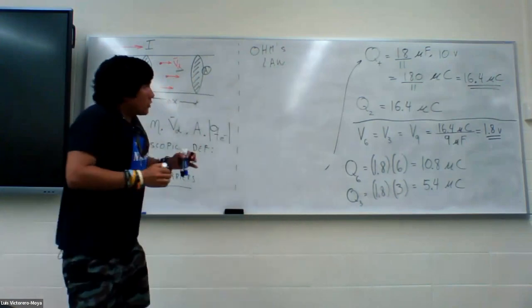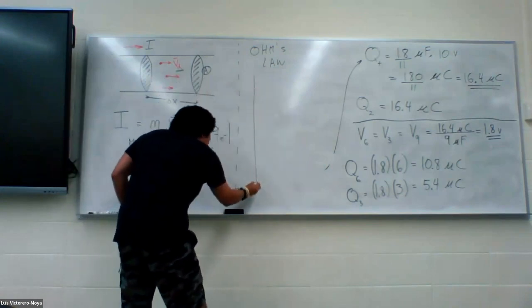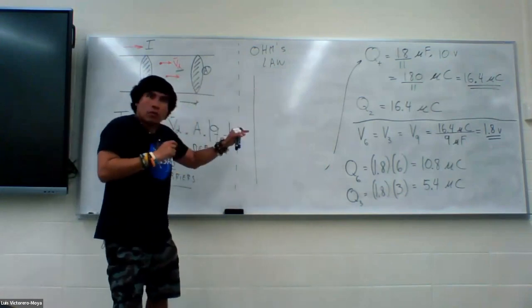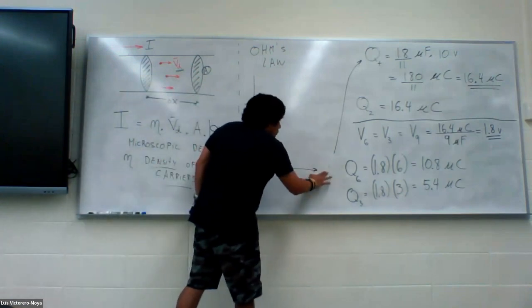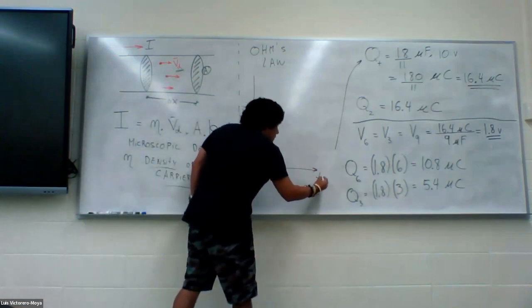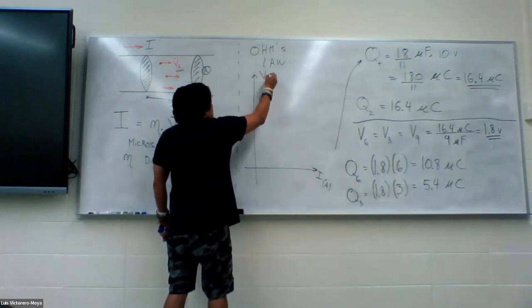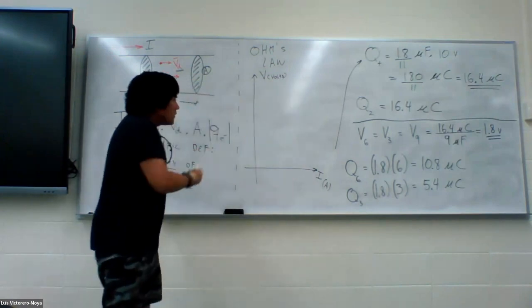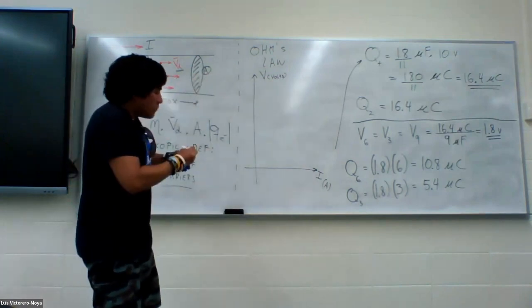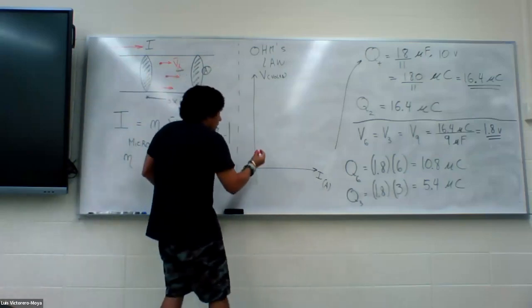If you plot the voltage supplied to the resistor as a function of current in amperes, with voltage in volts, on the x and y axes, for an ohmic material you're going to find this.